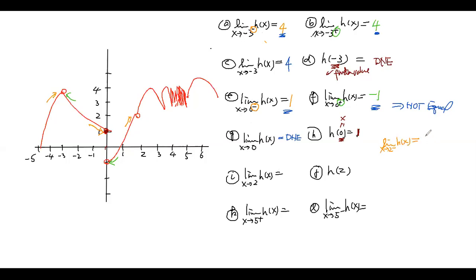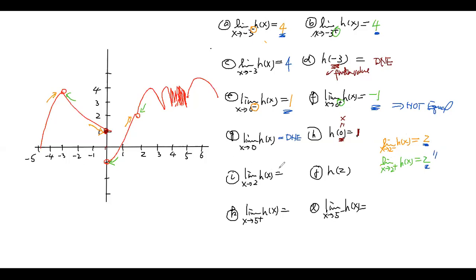It is equal to 2. Correct? Okay, good. Now the same way I can approach 2 from the right-hand side, going this way. So the limit as x approaches 2 from the positive side of h(x). What is this one equal to? It is equal to 2. So, 2 and 2, they are equal.